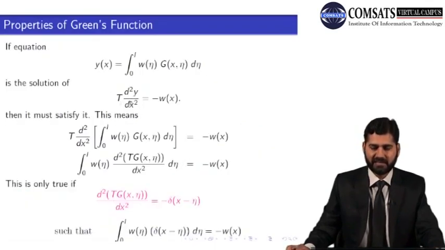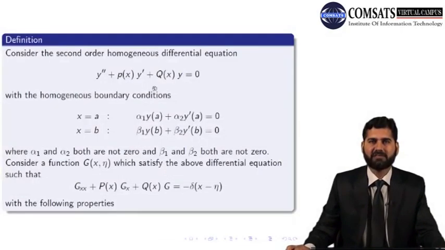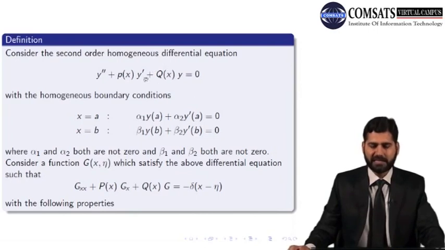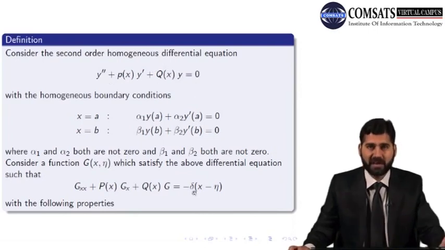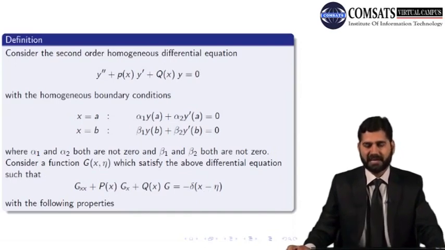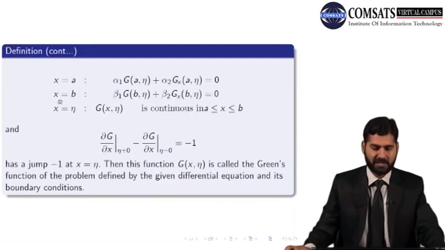See, our differential equation was d2y by dx square, so we get d2g by dx square. Left hand side y is replaced by g, but the right hand side is replaced by delta function. So we have to do the same thing here as well. G is our unknown function now, but the right hand side will be replaced by the delta function.